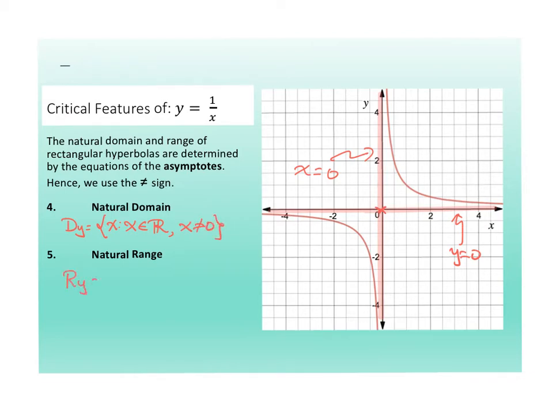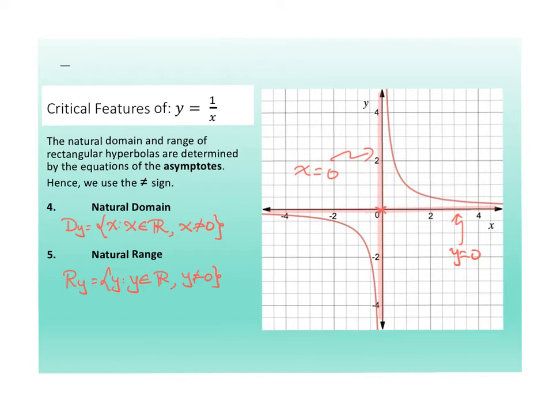And the range is such that y is a member of the real numbers and y does not equal 0. It's very important to know this point, 0, 0, where the two asymptotes intersect, because I use it to translate the hyperbola.